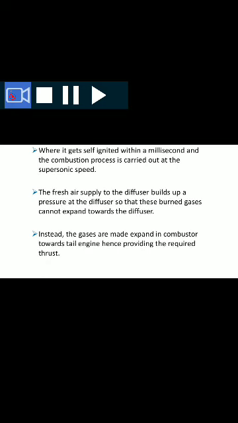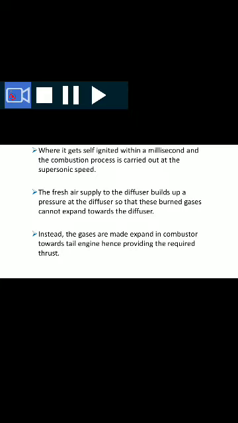Okay, next, the fuel gets self-ignited within a millisecond, and the combustion process is carried out at supersonic speed. The fresh air supply to the diffuser builds up pressure at the diffuser so that this burned gas cannot expand towards the diffuser.